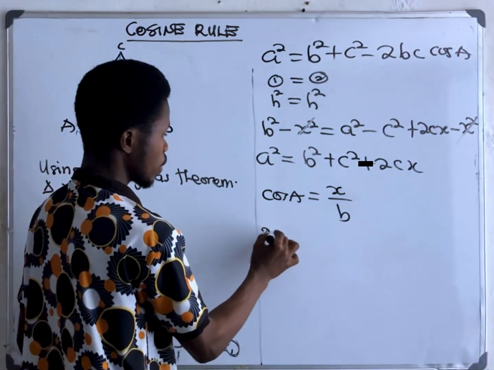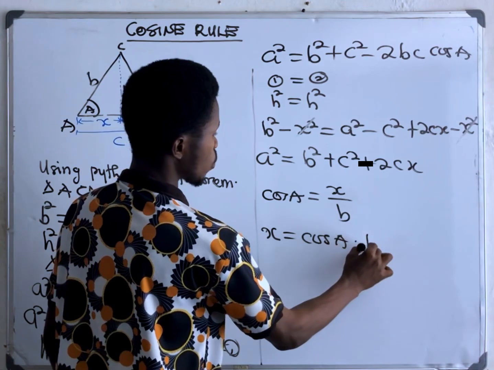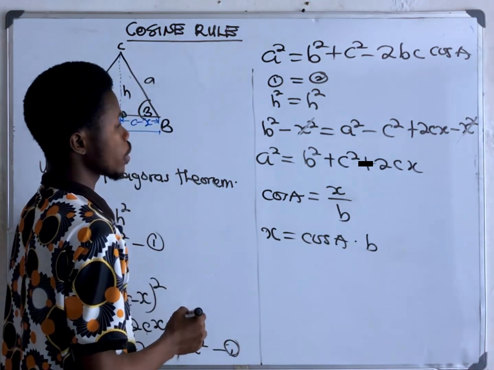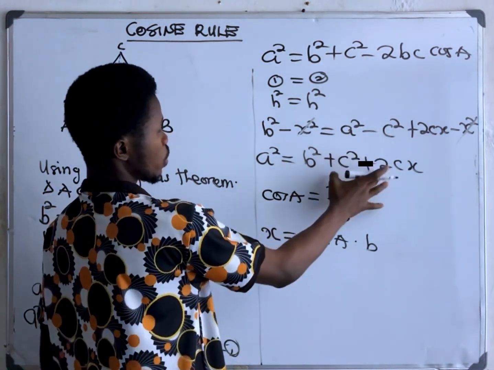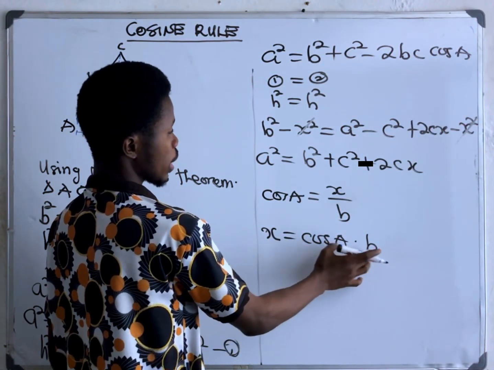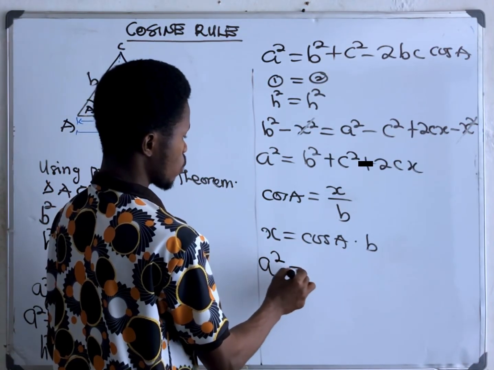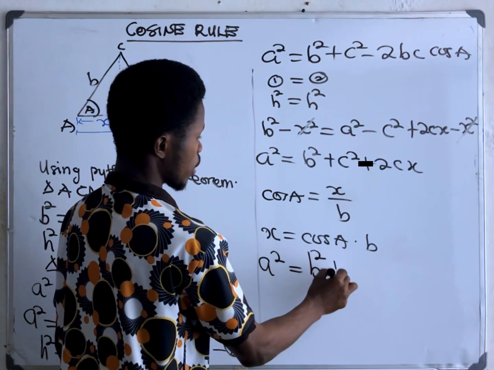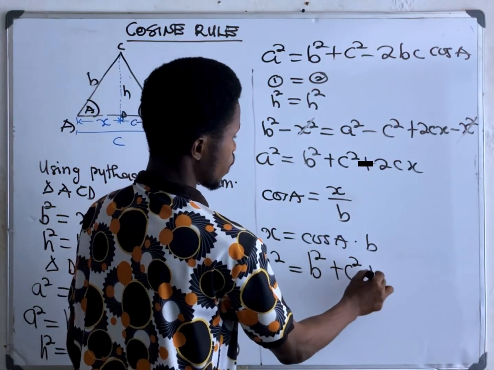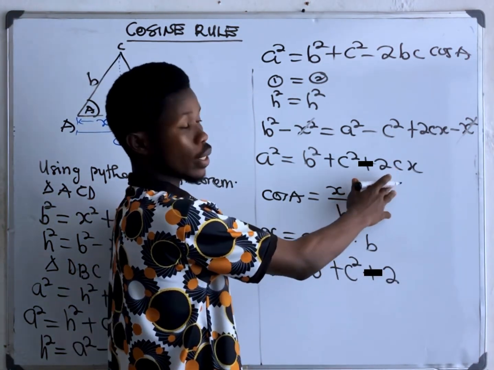So my x becomes cos A times b. Is that okay? So now let's go back to this place and substitute wherever you see x with b cos A. So that is going to be a squared equals b squared plus c squared minus 2c, but remember, multiplication is commutative.